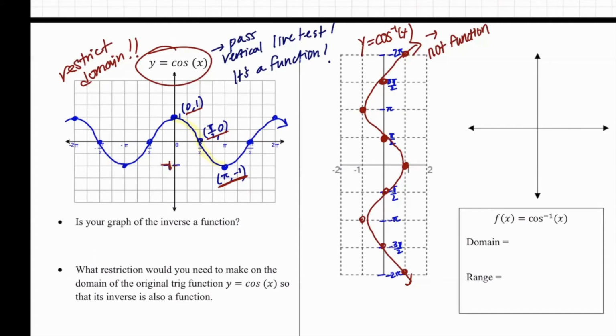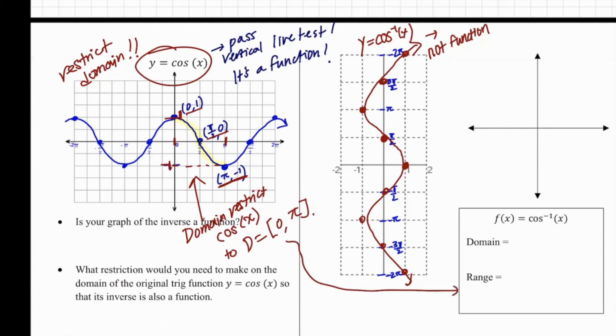Yes. -1 down here, and then +1 up here. Which means we have to restrict the domain on cosine to 0 radians all the way to pi radians. The domain restriction on cosine is 0 to pi radians, which ends up being the range of the inverse cosine.